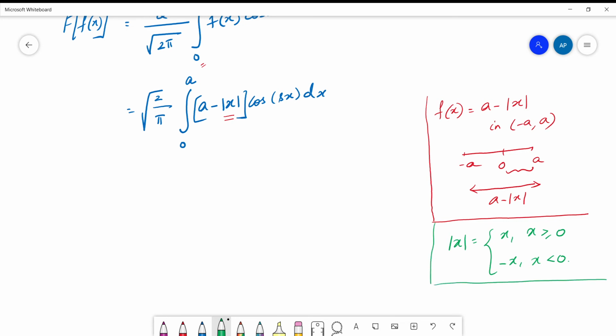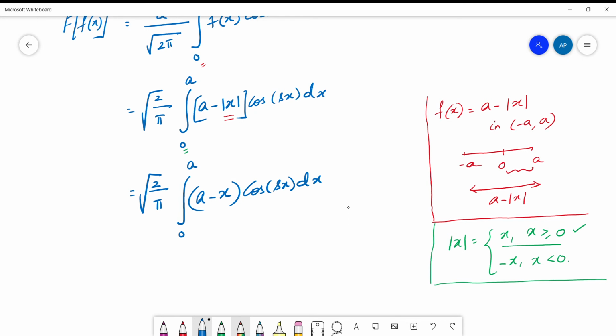Now, what is our interval we are talking about? It is 0 to a. So naturally, x is greater than or equal to 0, and therefore mod x can be replaced by x by the definition of mod x. Thus we can rewrite a minus mod x as a minus x, and the remaining is cos sx dx.